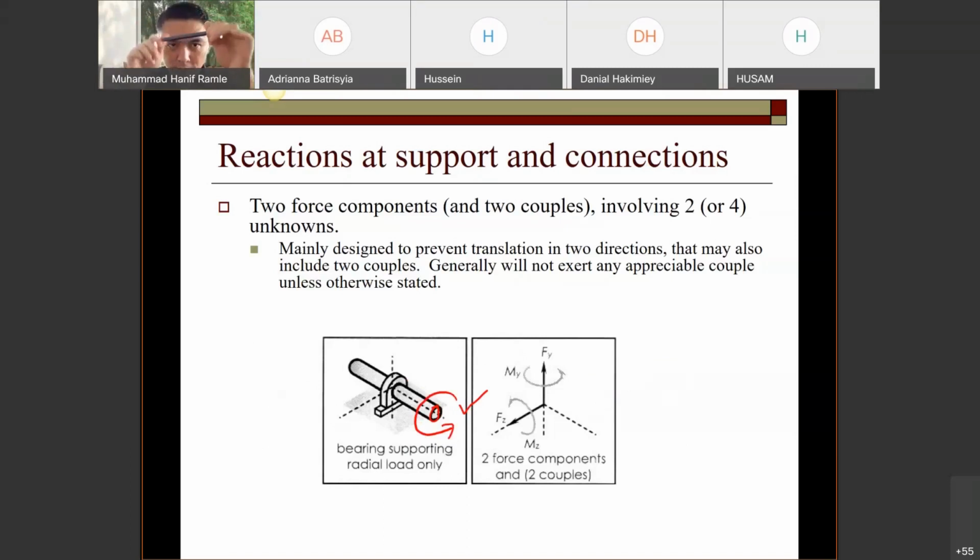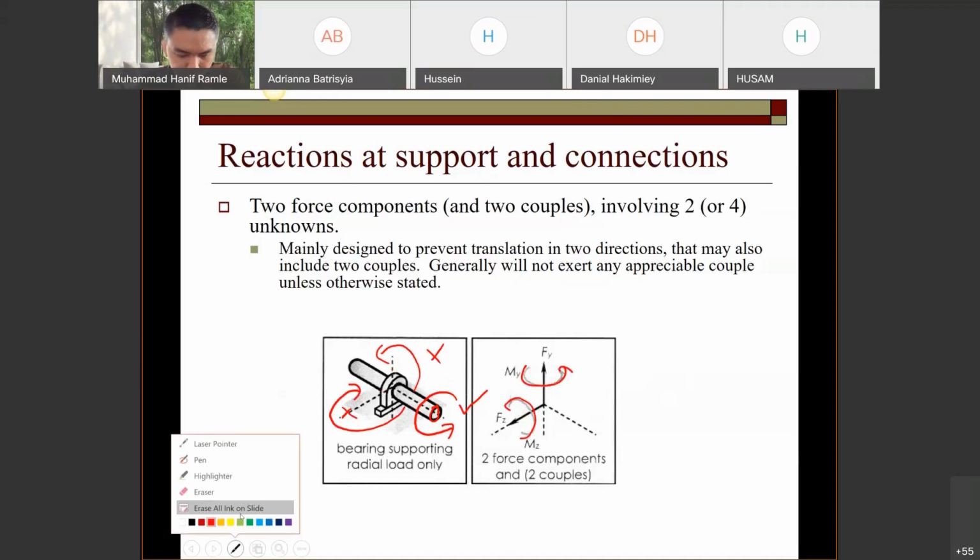They can rotate like this, but cannot this way. So that's why we have a moment here. The body of the cylinder cannot rotate like this one.